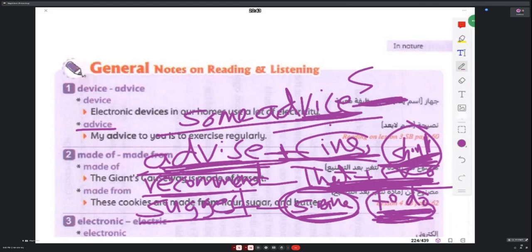He recommended that I should study. He suggested that I should study. He advised that I should study. He advised studying. He recommended studying. He suggested studying.